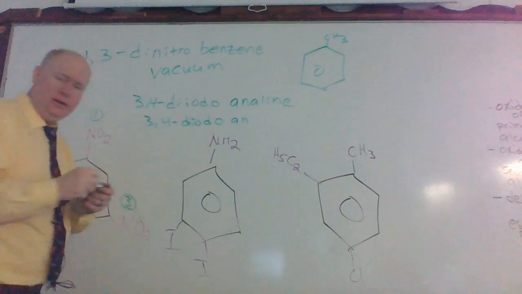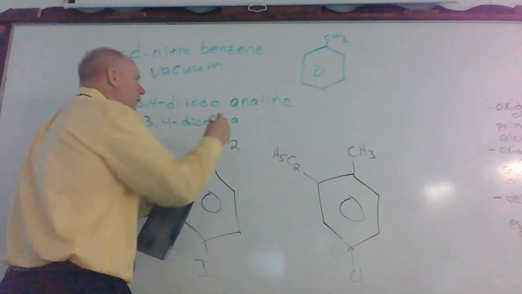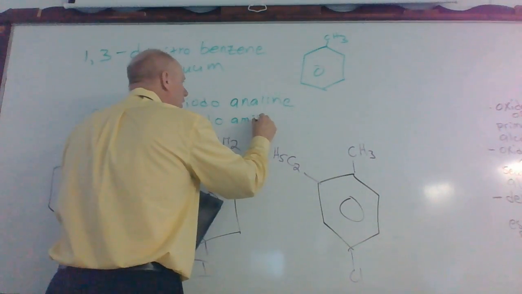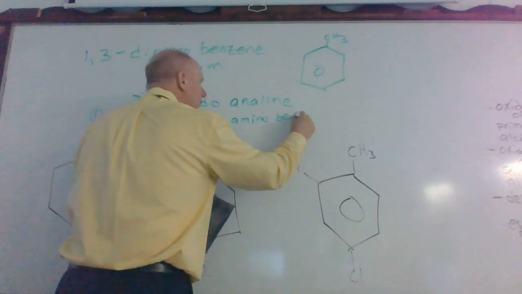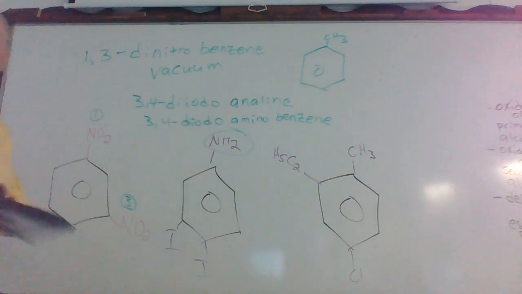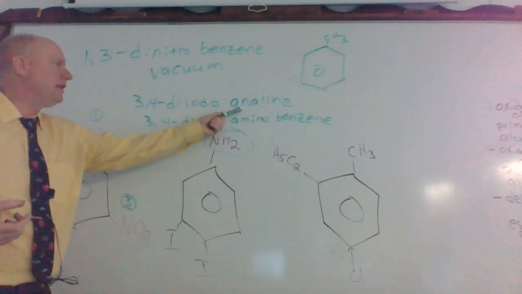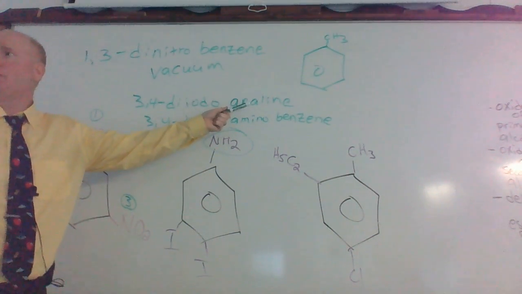Oh, not aniline again. We're just doing the same thing. Aminobenzene. Because this here is an amino group that we're establishing. But once you give that common name, it just makes it a lot easier and a lot shorter in naming these compounds.